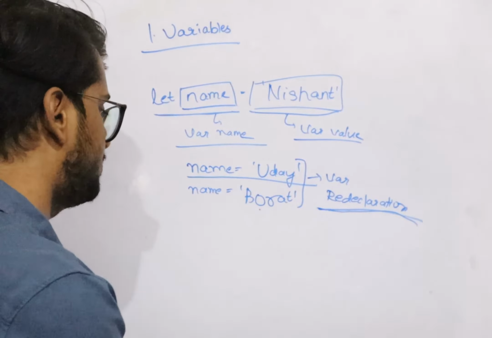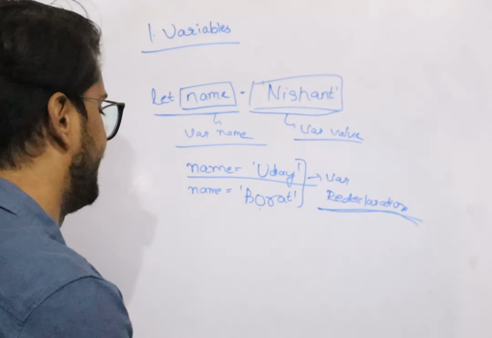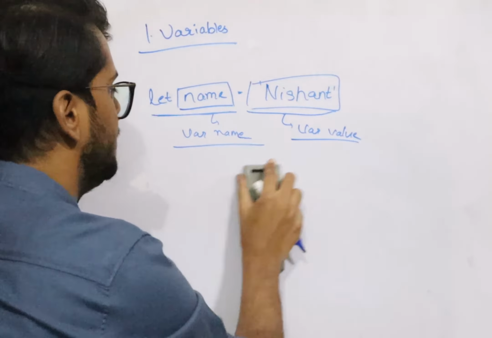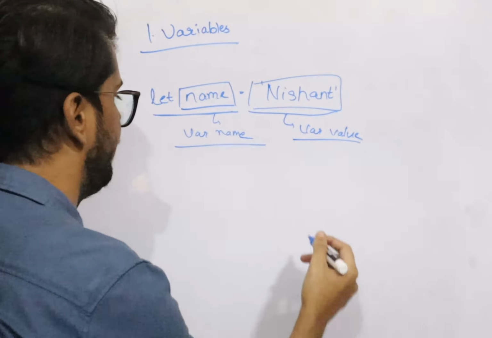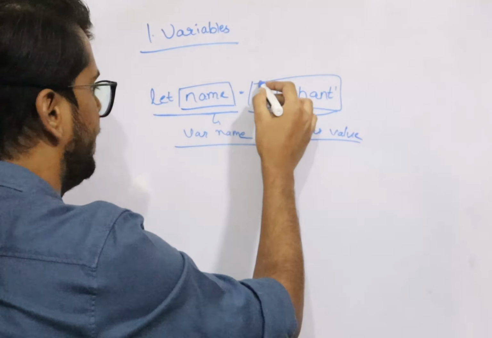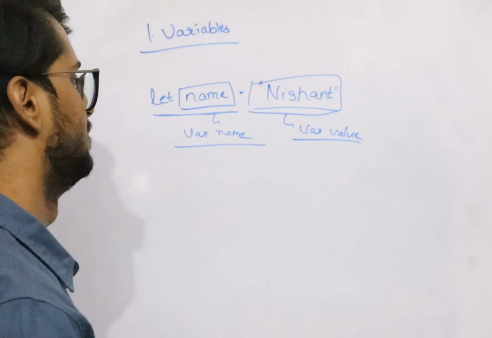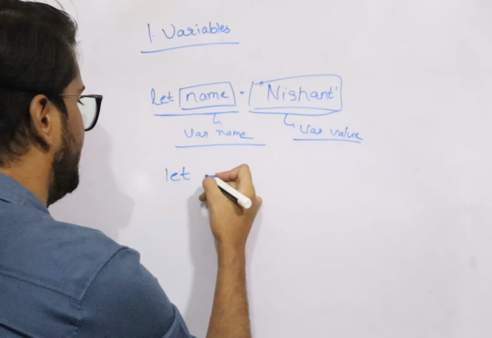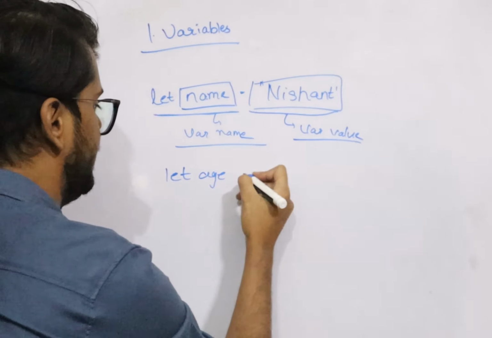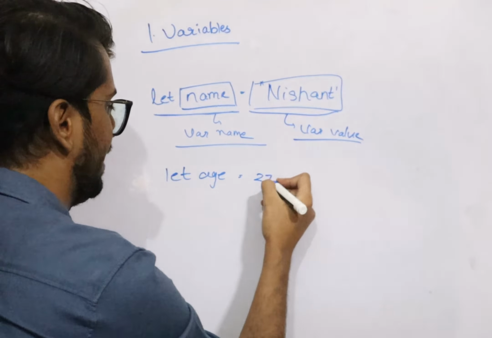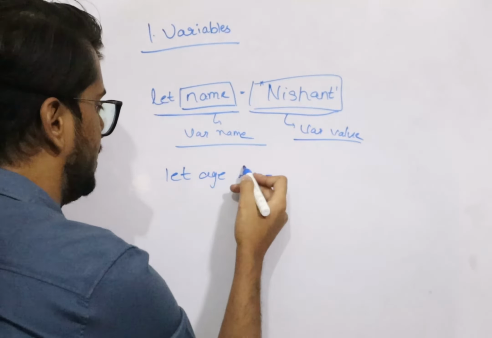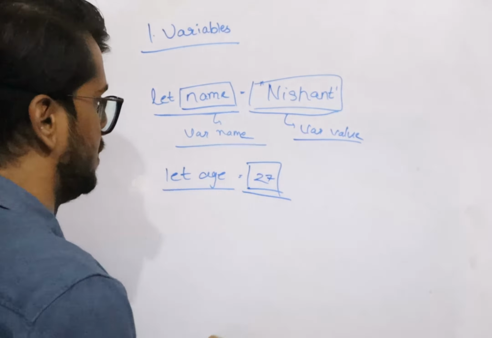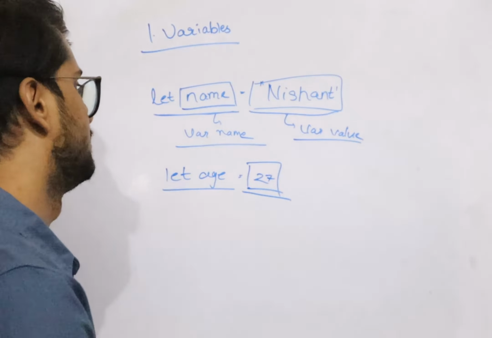Variables are of different types. For example, this variable is of type string because it has alphabetical characters. We can also make a variable, let's say age, and store a numeric value like 27. Again, this is variable creation and this is declaration, similar to the first case.